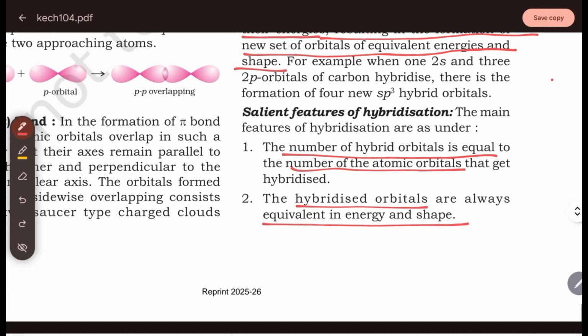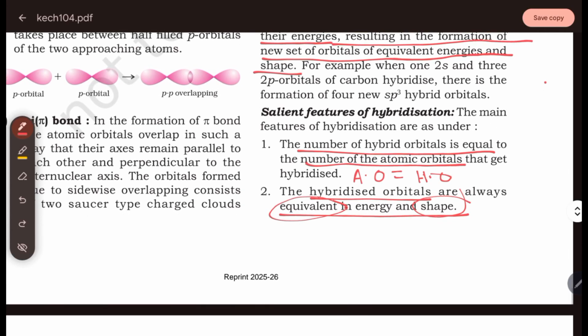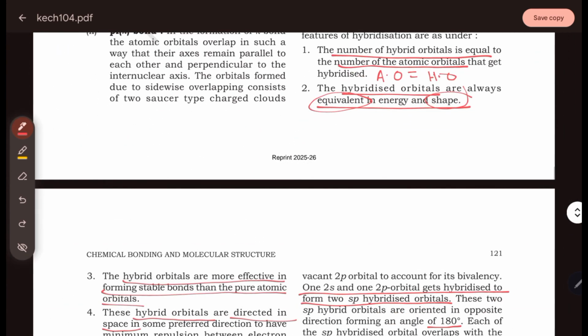Number one, the number of hybrid orbitals is equal to the number of atomic orbitals that are intermixing. So as many atomic orbitals intermix, that many hybrid orbitals are obtained. The hybrid orbitals have equivalent energy and shape. But always remember that the shape of the hybrid orbital may be equivalent, but the electron density is concentrated towards one side of the nucleus, and it has one lobe relatively larger and the other lobe relatively smaller.